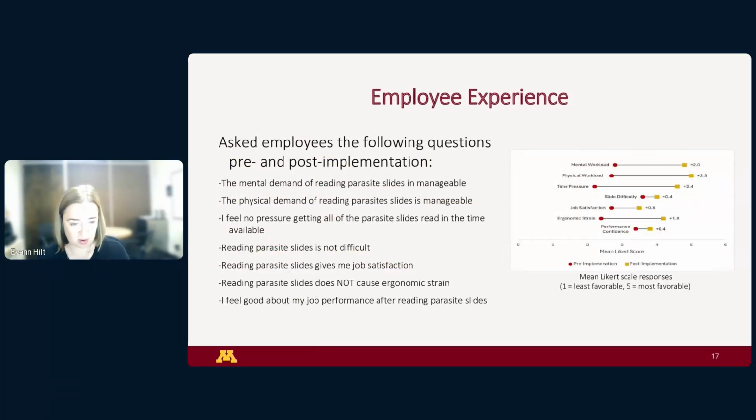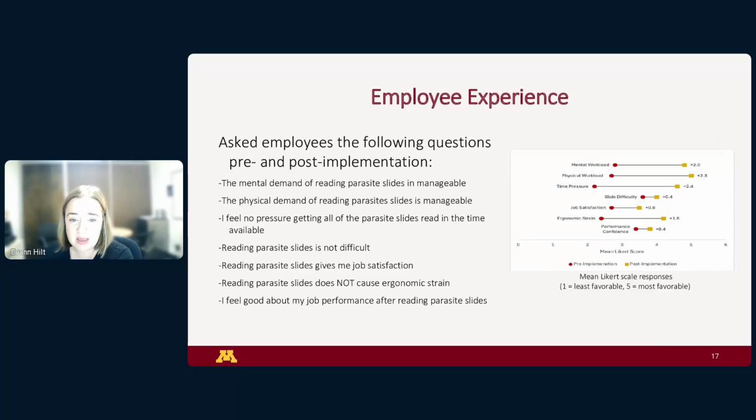We asked our employees pre-implementation and then post-implementation. What I have here on the right-hand side of the screen are our Likert scale responses. In red are the pre-implementation average scores for all of these parameters, and then post-implementation. You can see that for most of them, we saw an increase in satisfaction with their job performance and what they were doing.